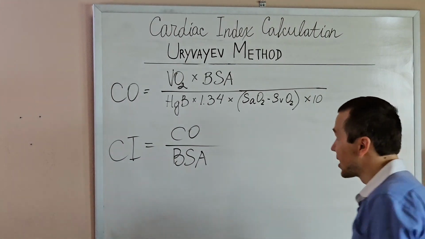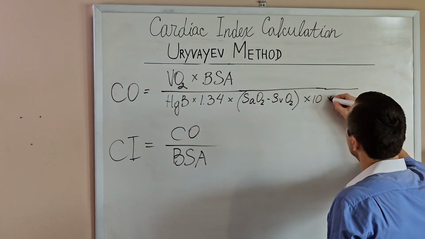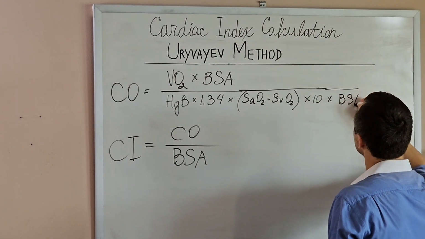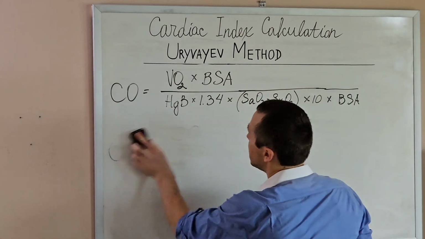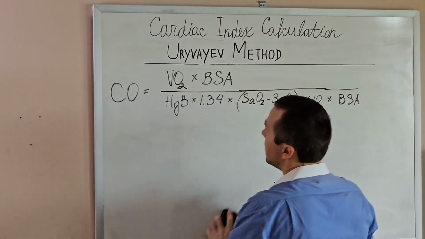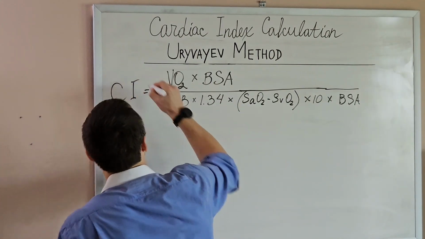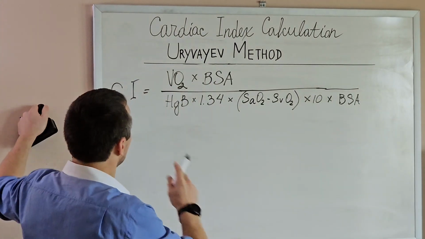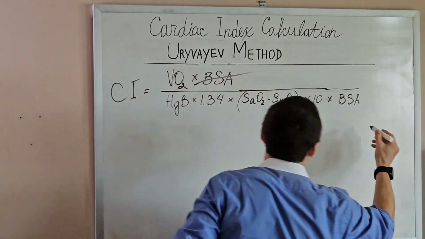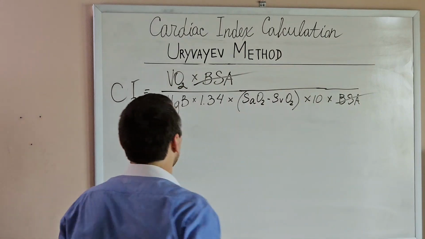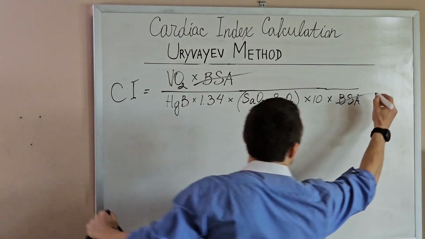That's absolutely correct, because if we add body surface area here, and we make this a cardiac index, what are we looking at? Well, we can easily eliminate these values. So what are we left with?